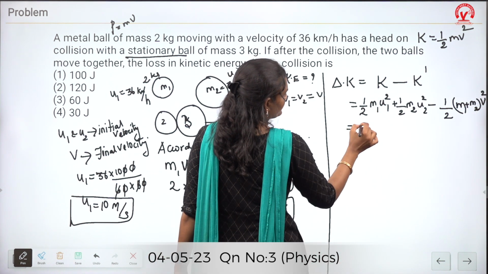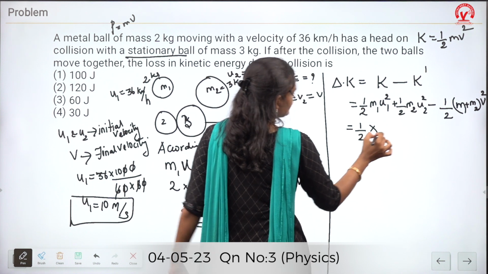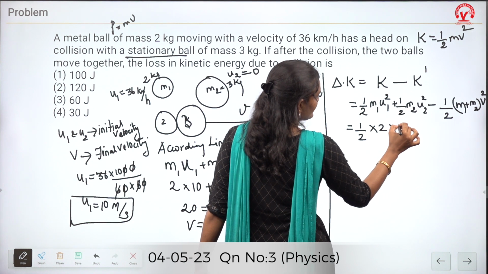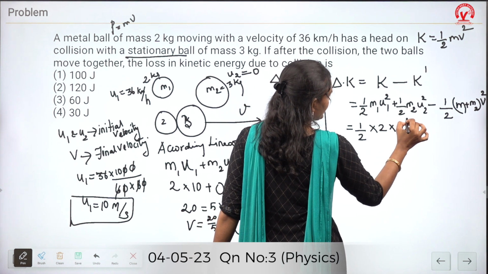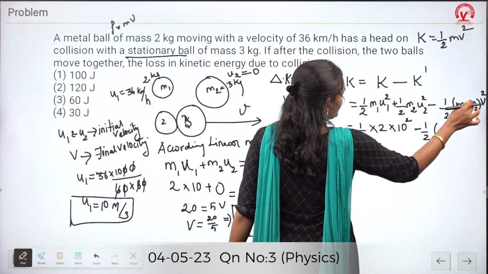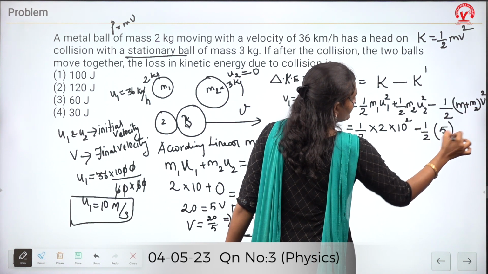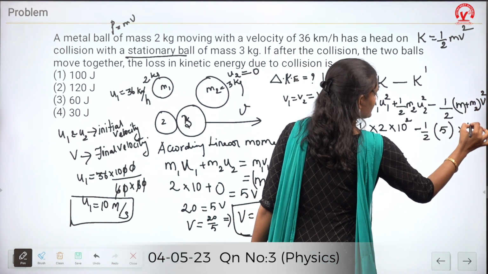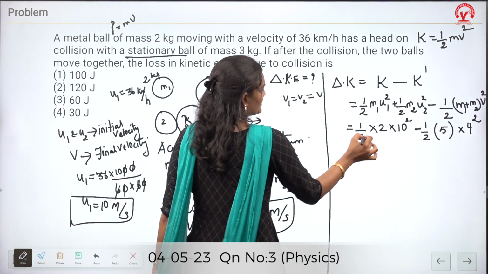and this is 1 by 2, mass m1 is 2 kg and the initial velocity u1 is 10, squared, minus 1 by 2 (m1 plus m2), so 5, into the velocity we got, 4, so 4 square.